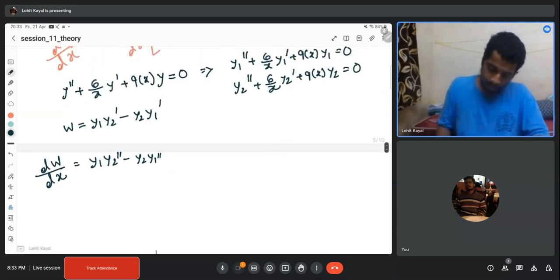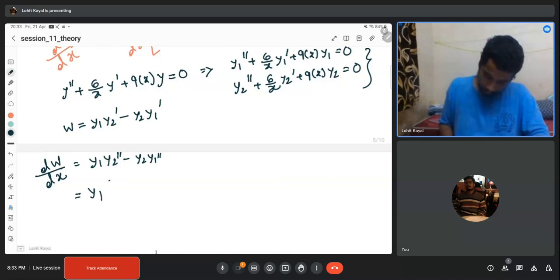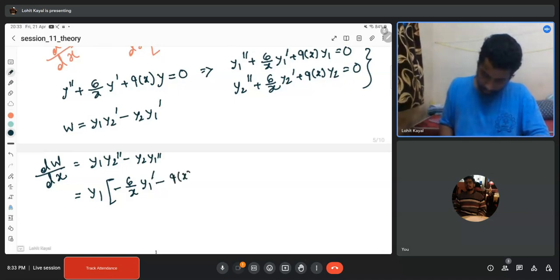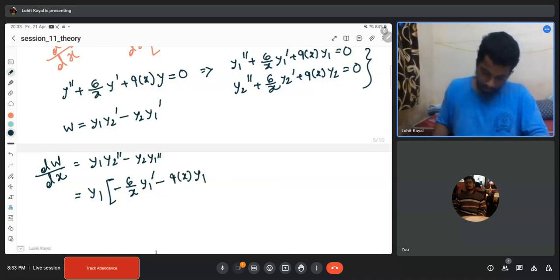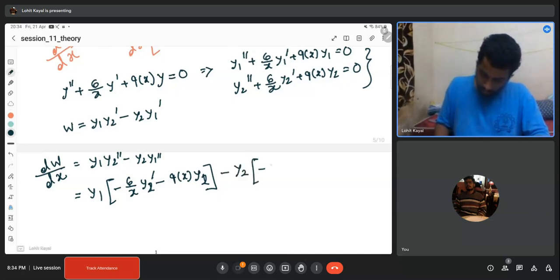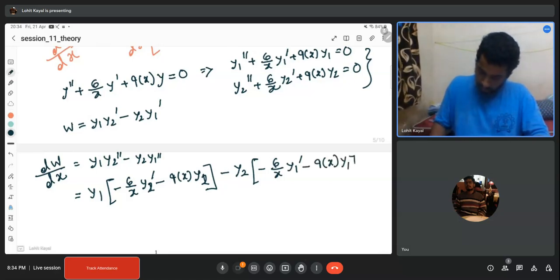Now I can substitute y1 double prime and y2 double prime from these two equations: y1 times (minus 6 by x y2 prime minus q(x) y2) minus y2 times (minus 6 by x y1 prime minus q(x) y1).